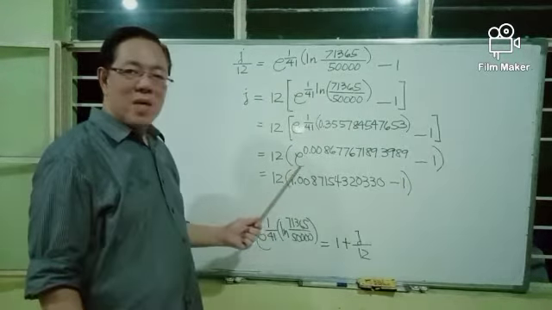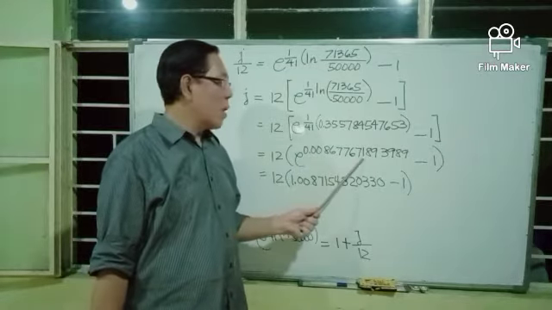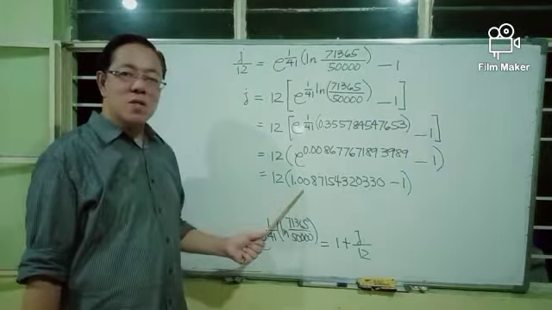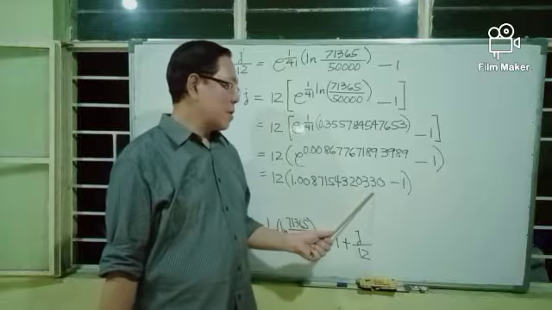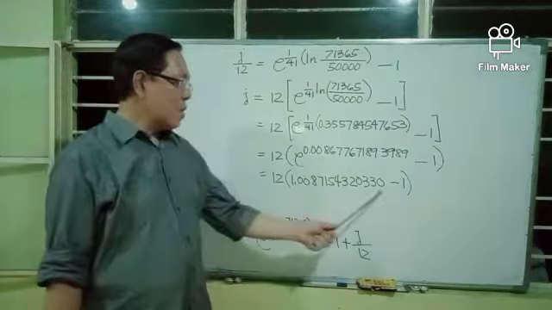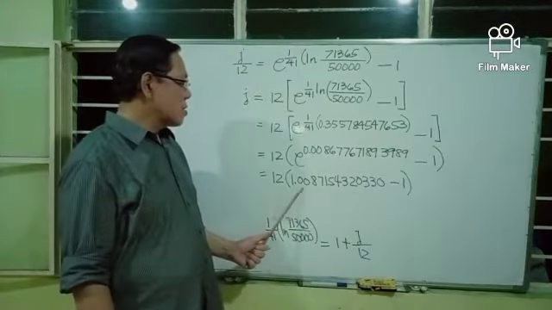The value of e to the power 0.008677671893989 is 1.0087154320330. Minus 1, so subtract 1 from this decimal number, you get 0.008.